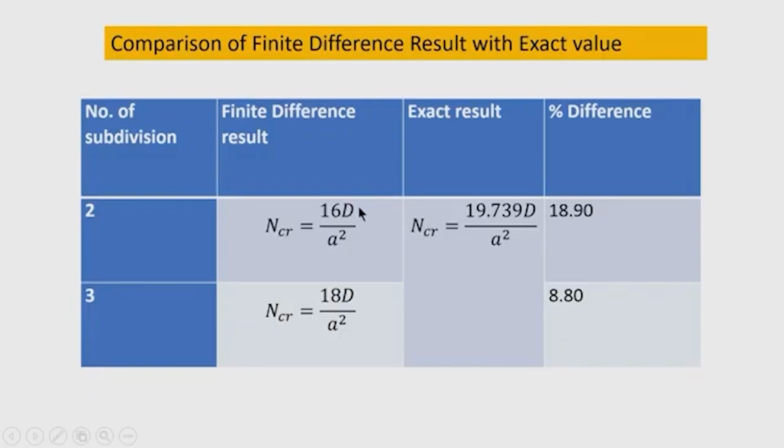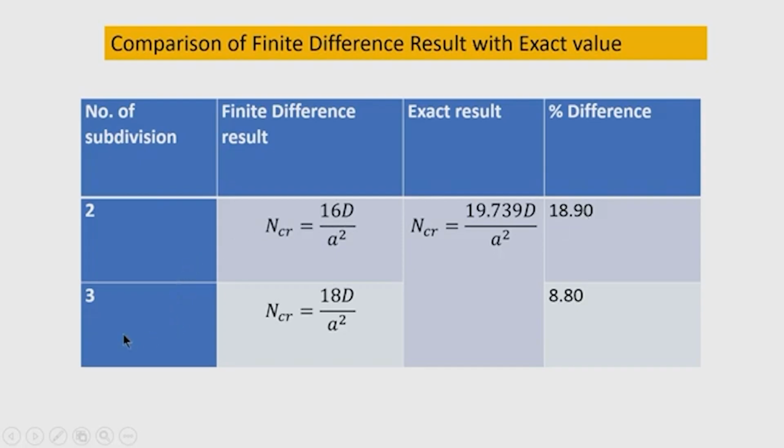Now, in this table I compared the finite difference result with the exact results. If the number of divisions in the plate is 3, then the finite difference result gives 16 D by a squared. The exact result is 19.739 D by a squared. So, the percentage difference, or percentage error you can call, is 18.9.